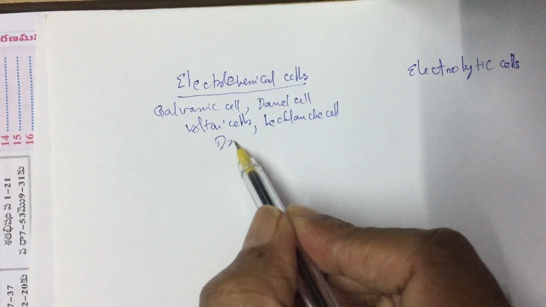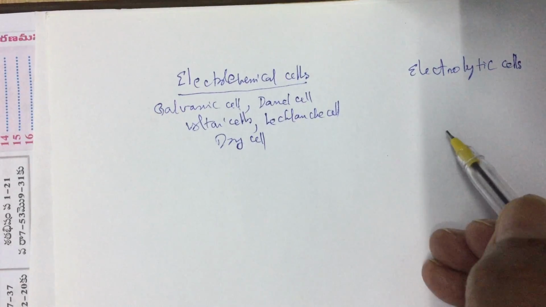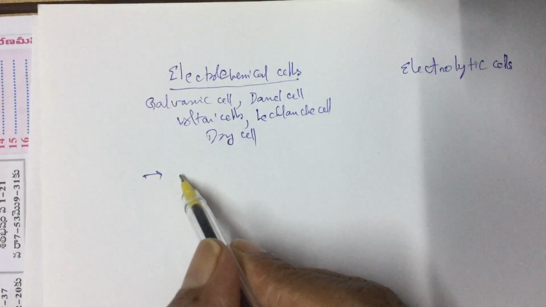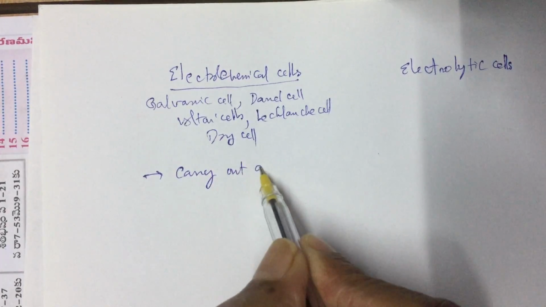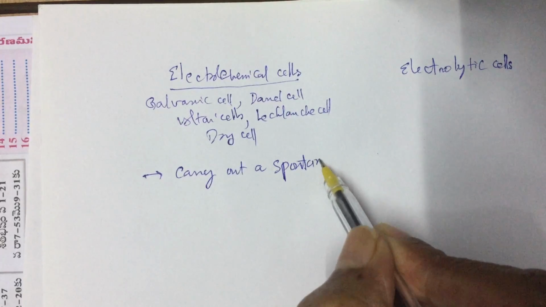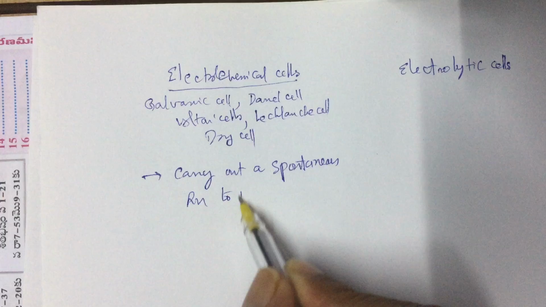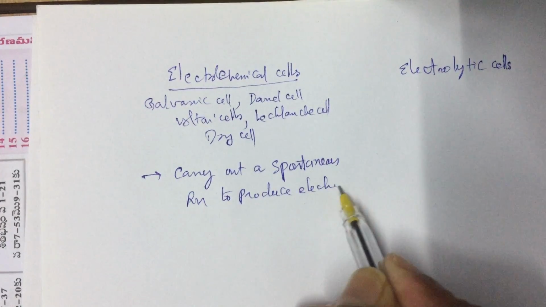Practically, the dry cell which you are using, all are in this category. Mainly in an electrochemical cell, you carry out a spontaneous reaction, the reaction that happens all by itself, to produce electric current.